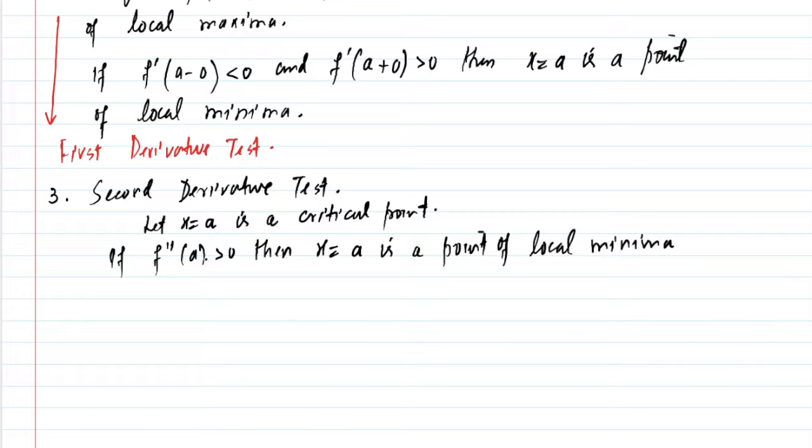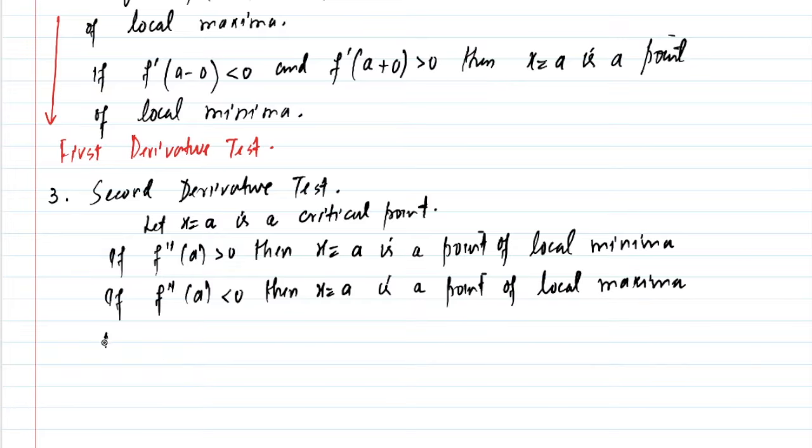Now if the second derivative is less than 0, then x equal to A is a point of local maxima. And third, if f double dash of A is equal to 0, the test fails.